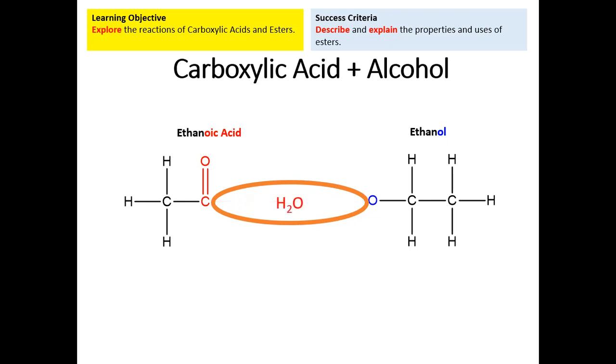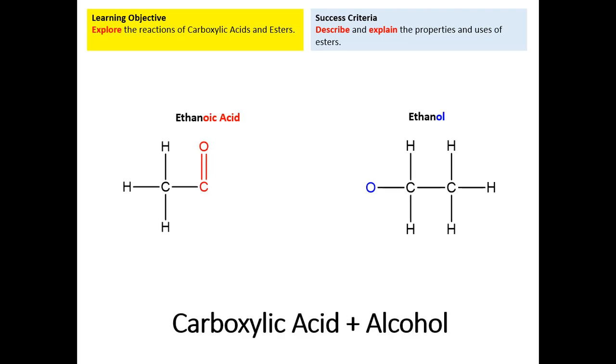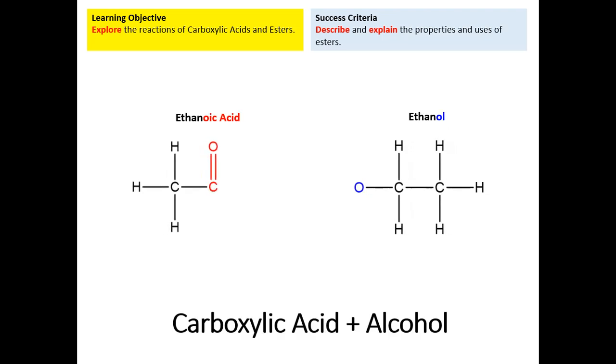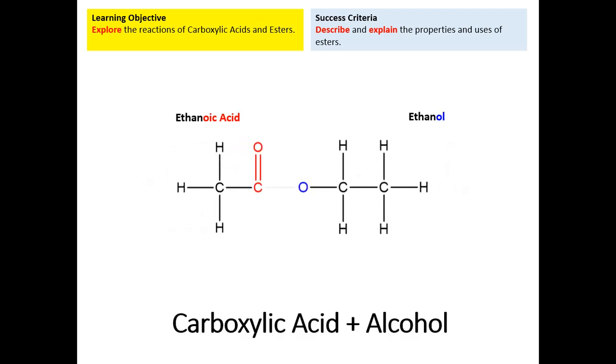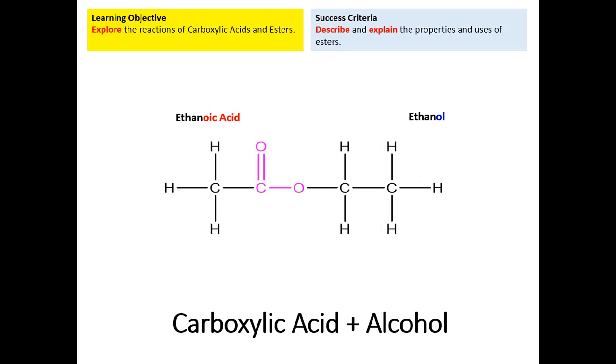Those two separate from the carboxylic acid and the alcohol and make water. And then what happens with the remaining structures is that these two things bond together. So instead of having an OH on the end of that C double bond O, the rest of the alcohol has joined. And this is an ester.